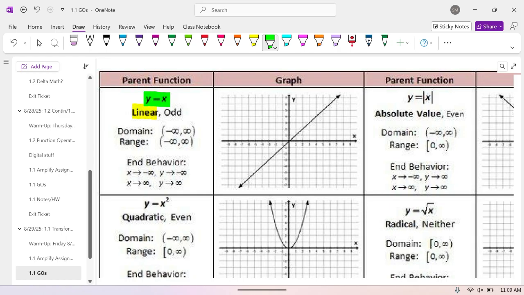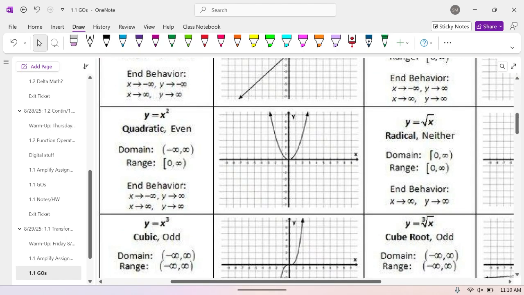So parent means the original. It hasn't been transformed yet. This is like its prime state. So for a linear function, its parent form is y equals x. If it was transformed, we may include a slope, like times 2 plus 5, things like that. But since it's not, this is what it looks like in its more natural state, so to speak.